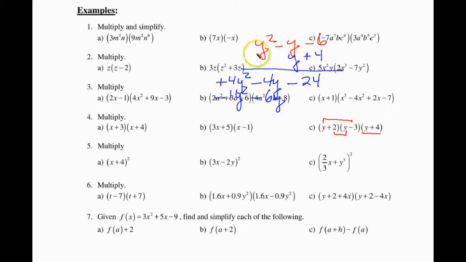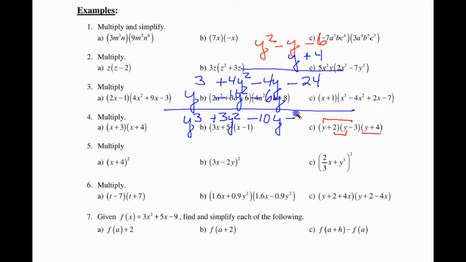And then y times y squared is y cubed. Then we put our line and just add them up. Y cubed, this will be a positive 3y squared. This is going to be a negative 10y, and this is a negative 24.